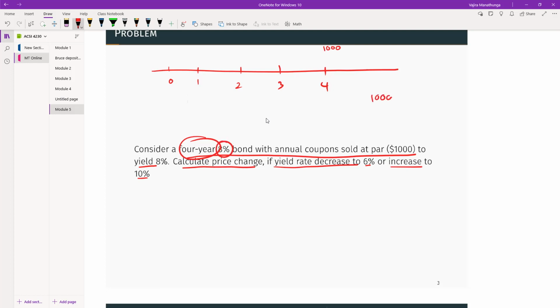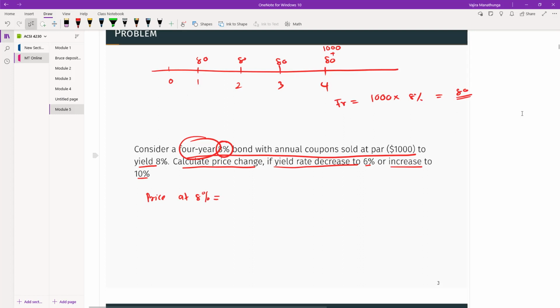So 1,000 times 8%, which is basically $80. So you get the coupon. So first thing we can find the price. Okay, so price at 8%.